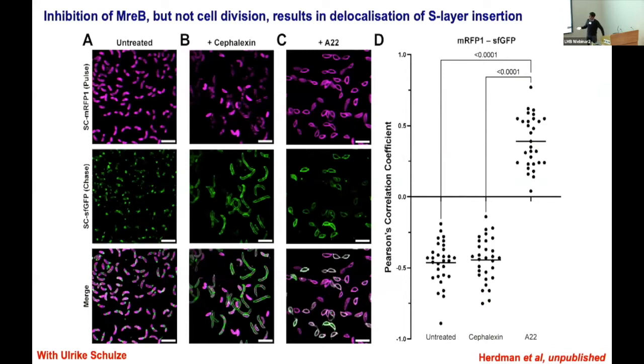This is the wild type. The old and the new S layers are anti-correlated, as one would expect. When we add a cell division inhibitor, we still find the anti-correlation, but when we add the actin inhibitor A22, this anti-correlation is lost, which suggests that the insertion of new S layer is dependent on the MreB machinery, the actin machinery of the bacteria.